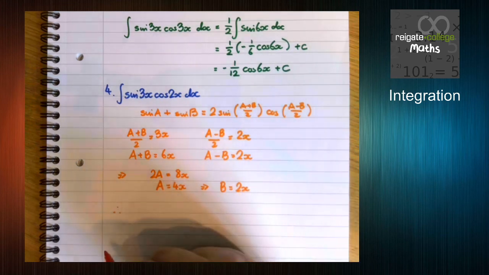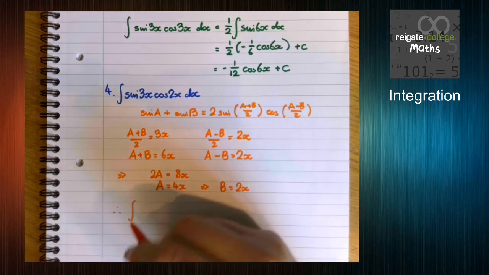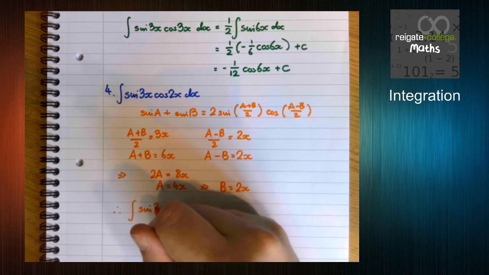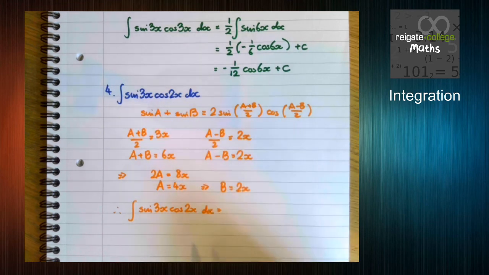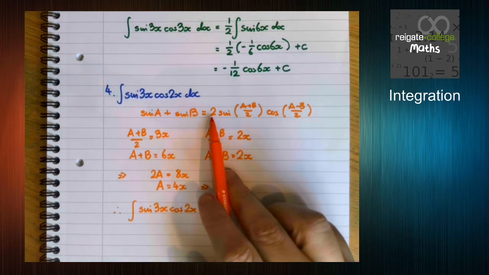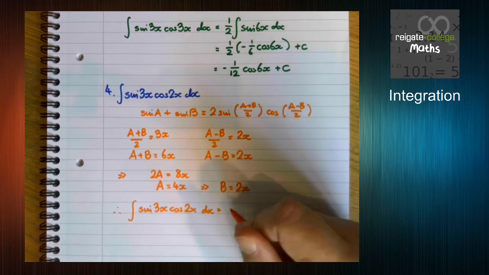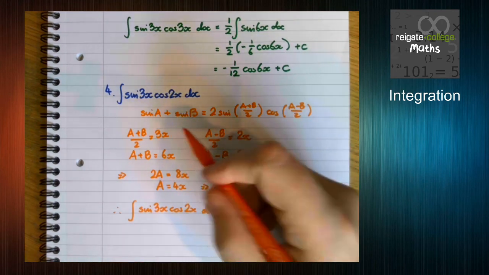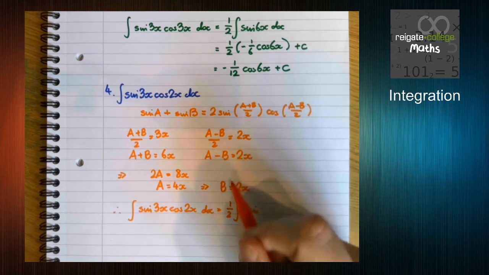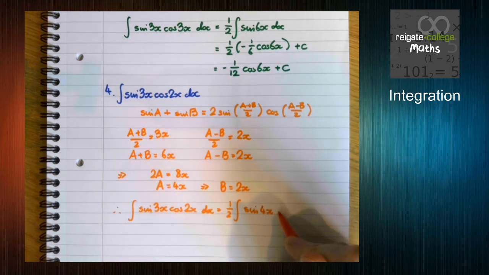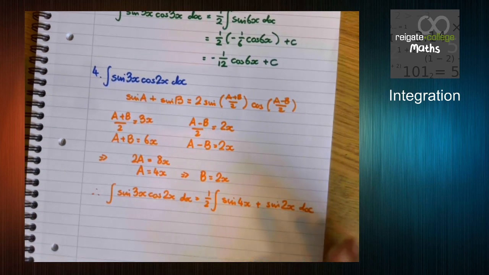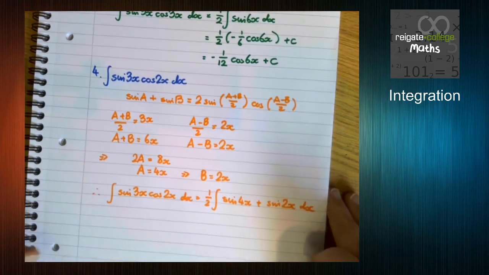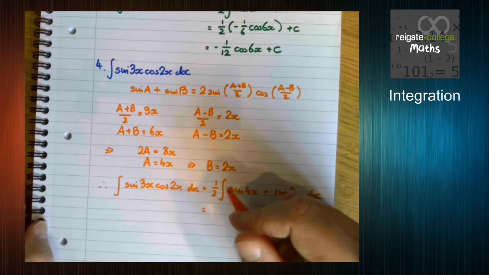So therefore, the integral of sine 3x cos 2x is equal to, now it's a half because we've got a 2 here, sine of A plus sine of B. And now we just integrate each of these as we would normally.